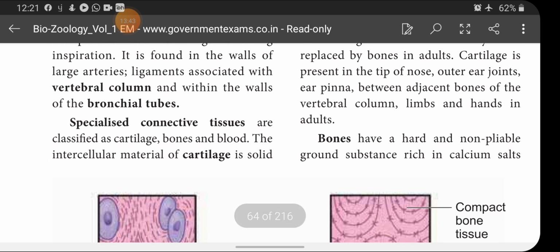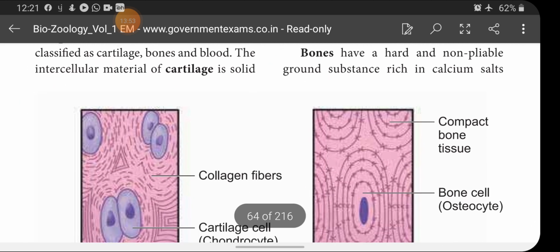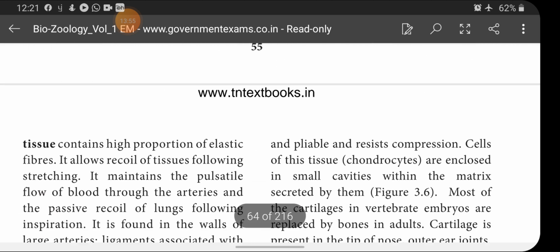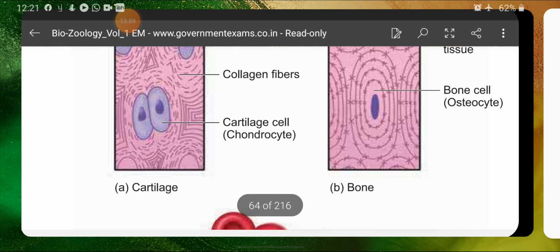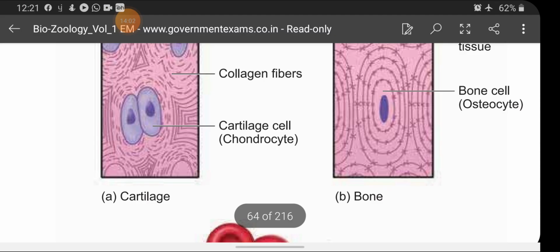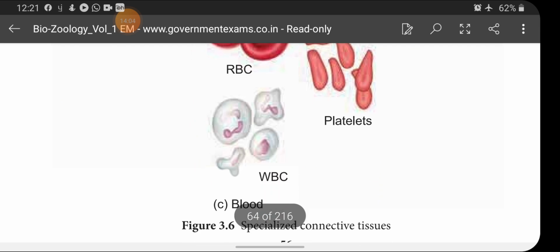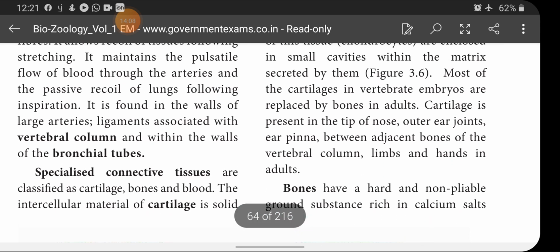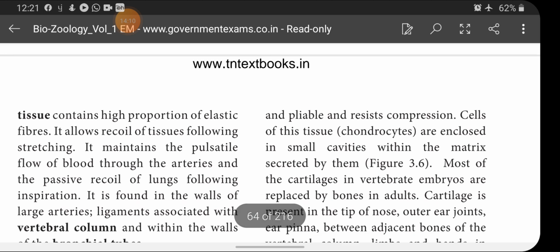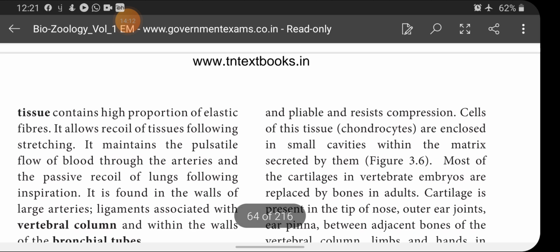Next we are going to see specialized connective tissue, which is classified into cartilage, bones and blood. The intercellular material of cartilage is solid and pliable and resists compression.